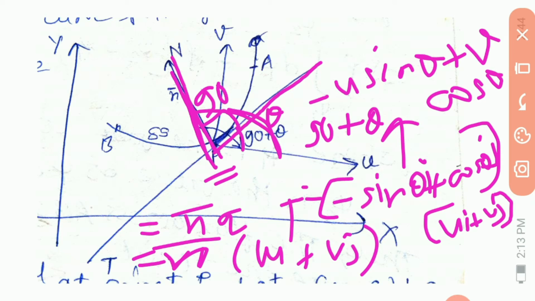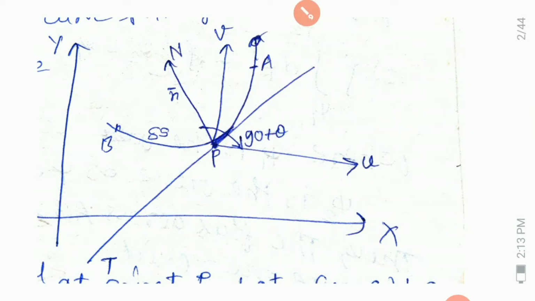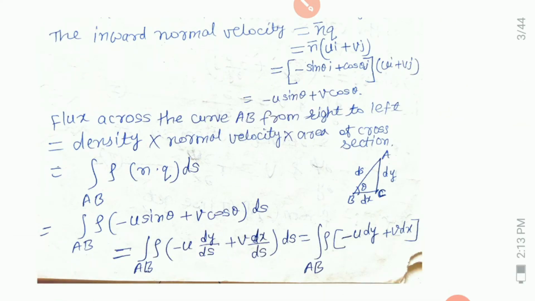Flux across the curve AB, from right to left, is equal to density into normal velocity into area of cross section.